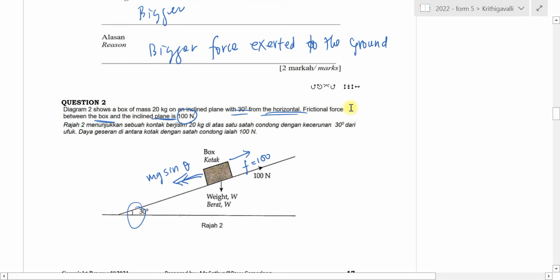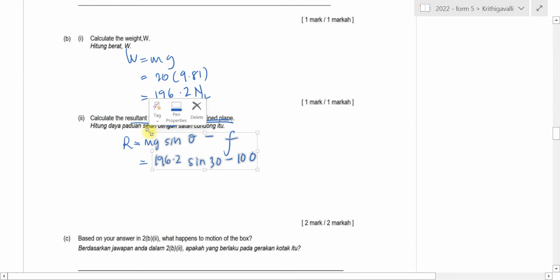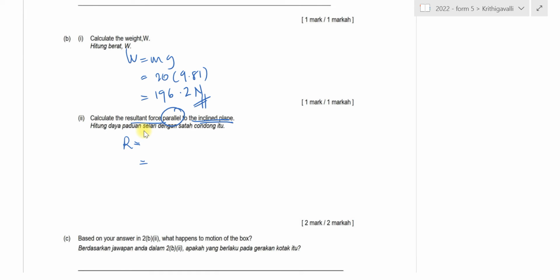Any other forces? No. Okay. That means you just switch the place: take the frictional force minus mg sine theta. That means if your friction is too high, the box never moves at all. The box is at a stationary position. That's why it cannot move.